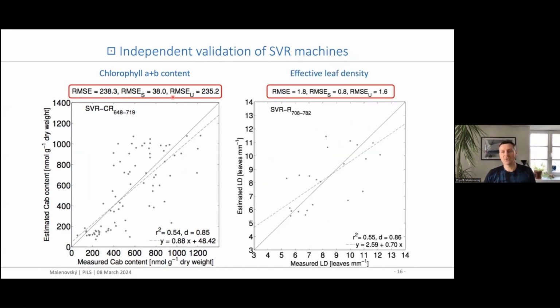The same for the leaf density. Now we talk about effective leaf density, which means how many leaves in 1 millimeter of shoot we have, including the rolling. So we again achieved quite acceptable RMSE. So we trained this purely on the laboratory measurements.